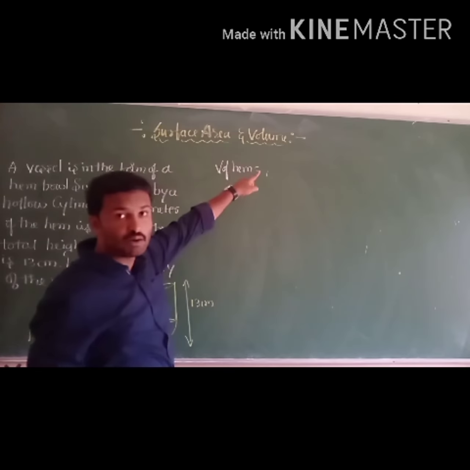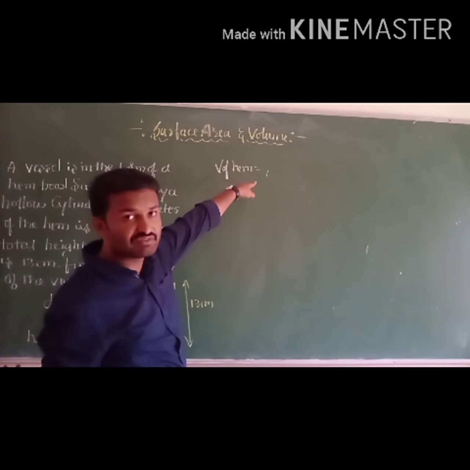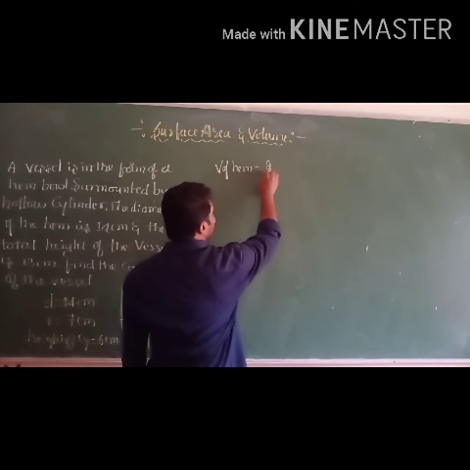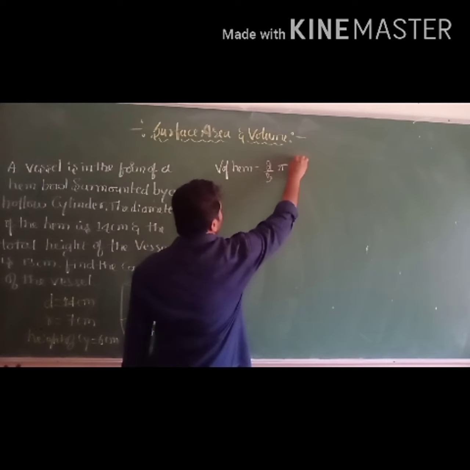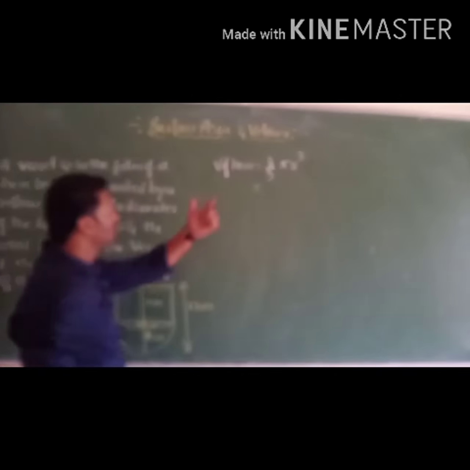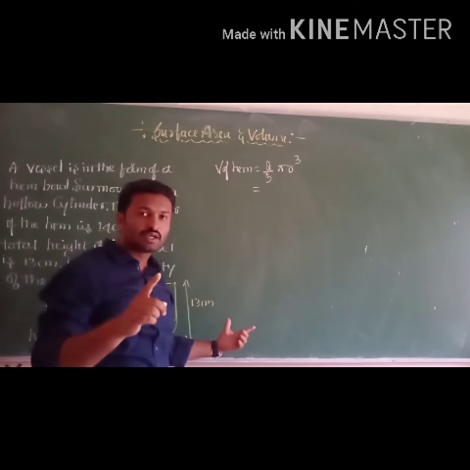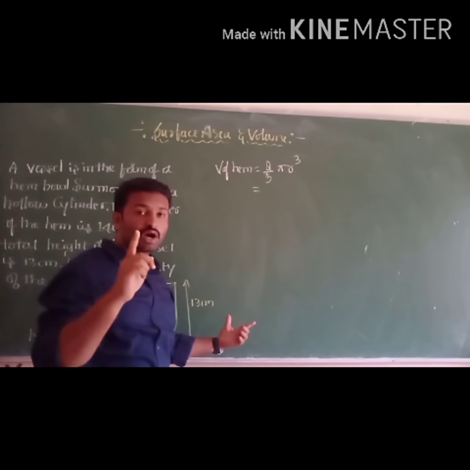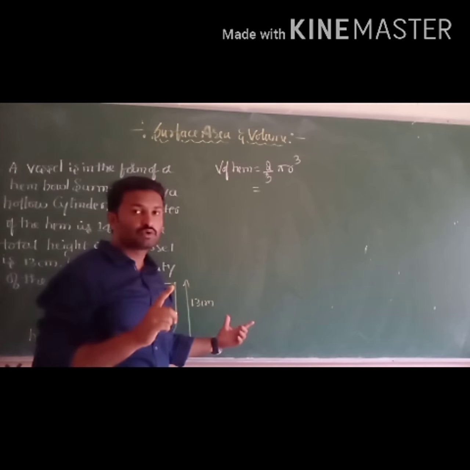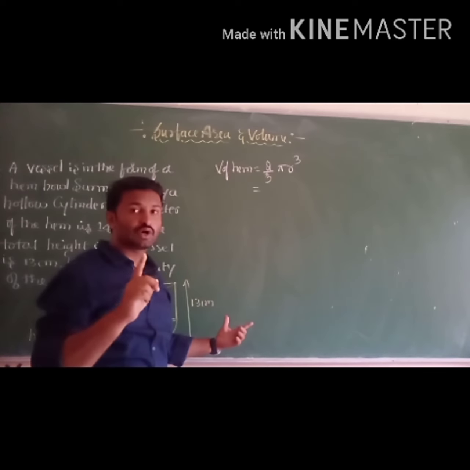Volume of hemisphere equals how much? Write the formula first: 2 by 3 pi r cube. Remember, in a hemisphere and sphere you consider only the r value; there is no height or slant height.